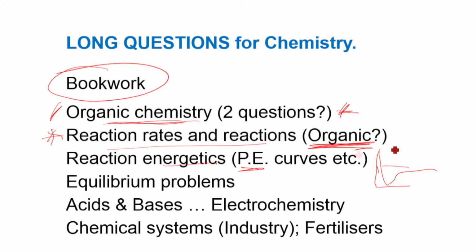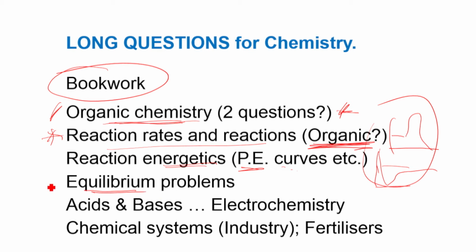Distributions, Maxwell-Boltzmann distributions, all of those curves, you need to understand how to work them. When you've got an exothermic reaction and so on, you need to know those curves and what they mean. Lots of questions involve them.